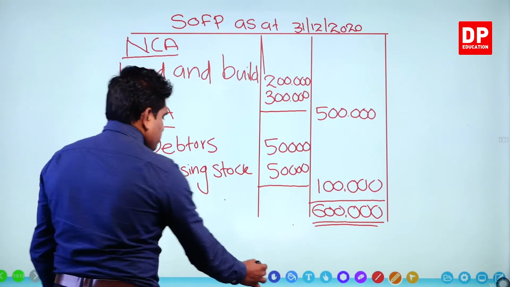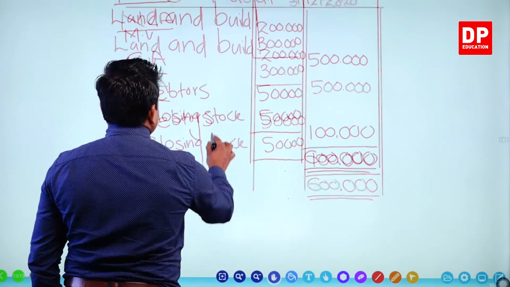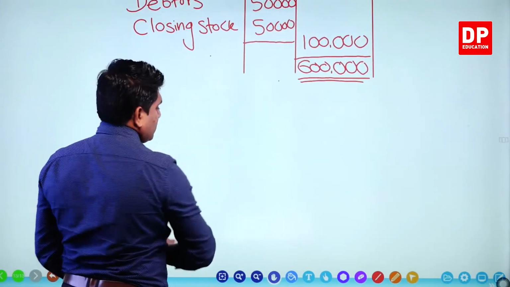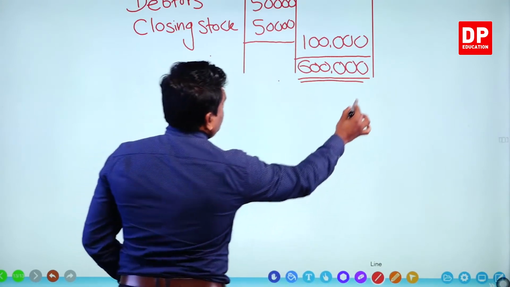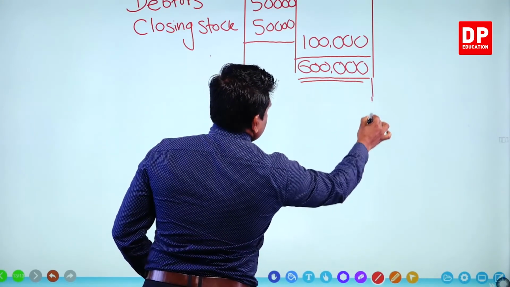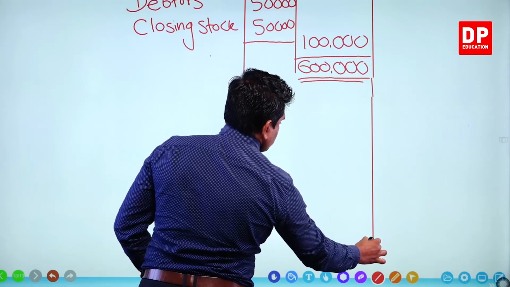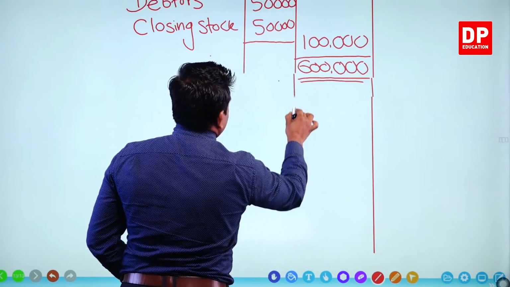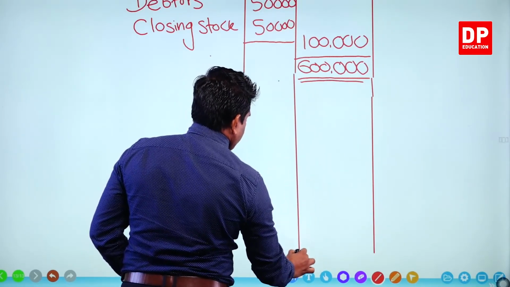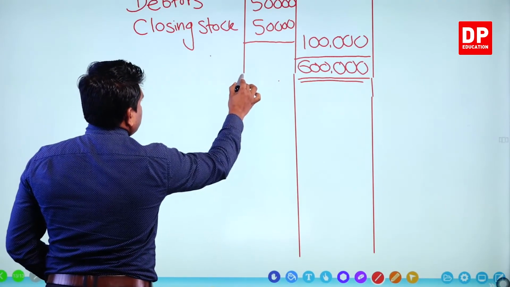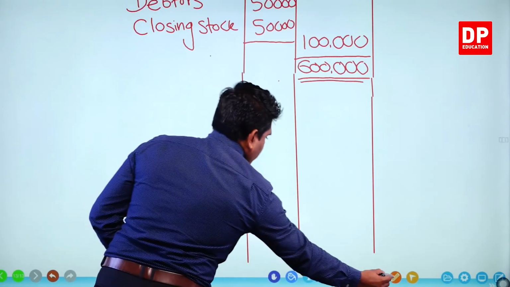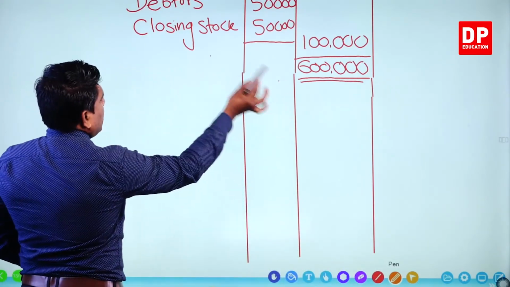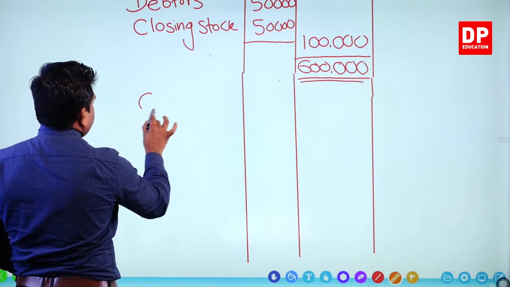Now you see here how to expand this. In this area, we are going to record capital and liabilities. Now, asset side finished, then capital.